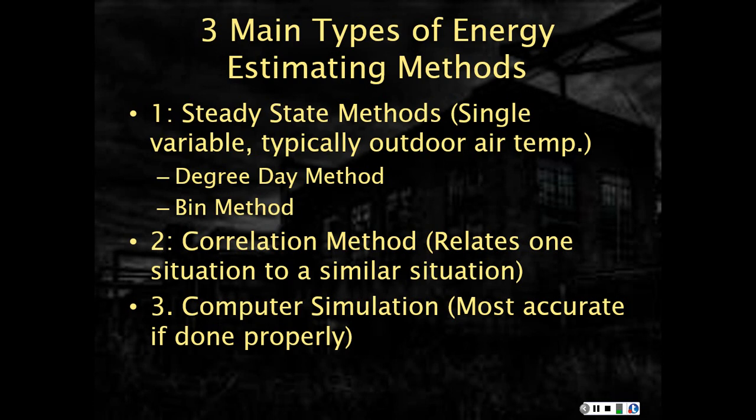All the inputs have to be put in carefully. It's the typical computer garbage in, garbage out. So it frequently takes the most time and the most money. Usually you only see them in a level 3 audit or a technical assist audit, but it does give you the most accurate information if done properly.